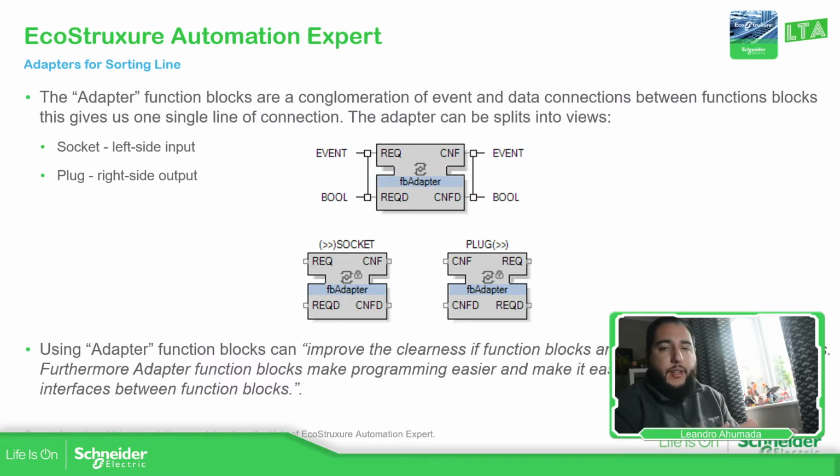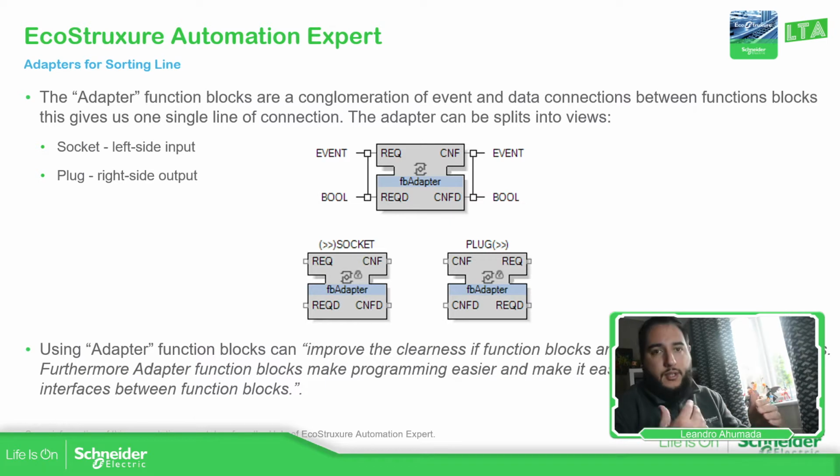Let's imagine that we have function blocks in our code, and each function block has different kinds of variables. We have the events on the top, and in the bottom we have the data.